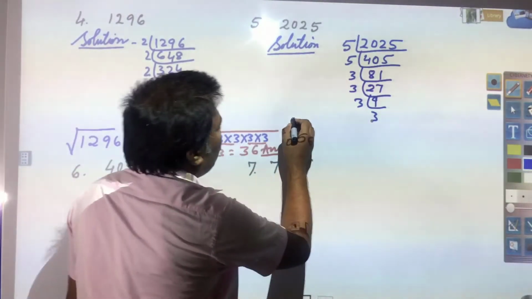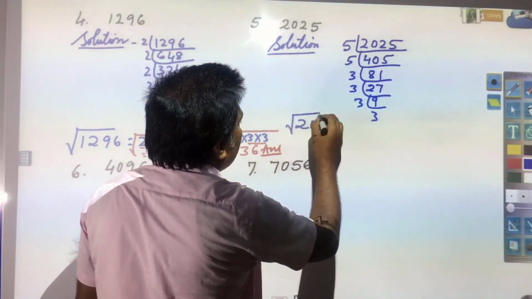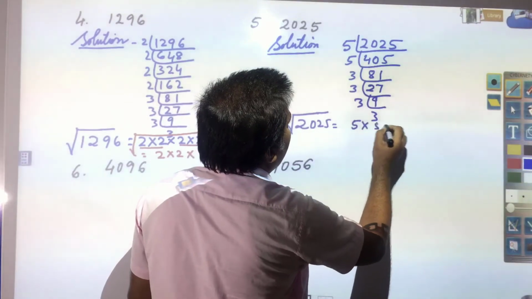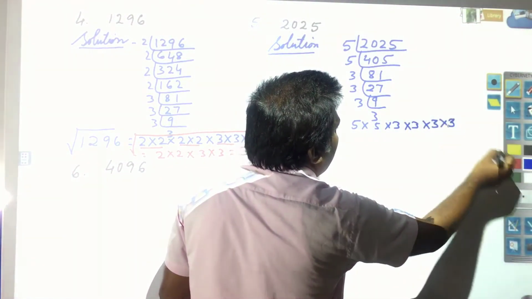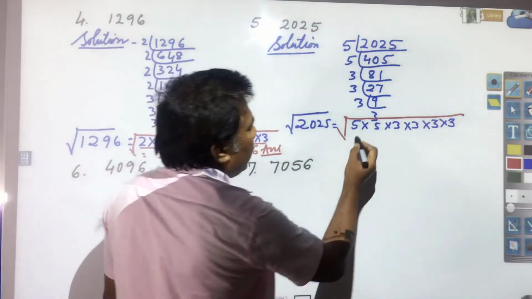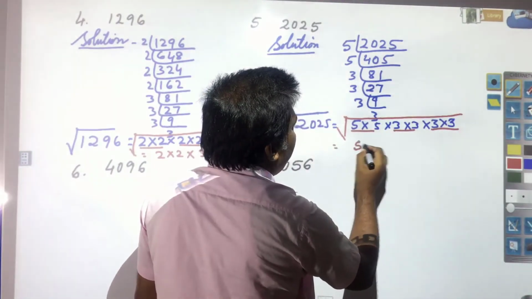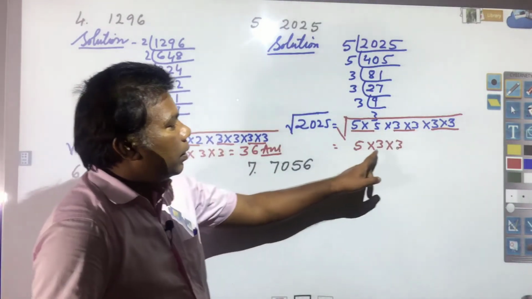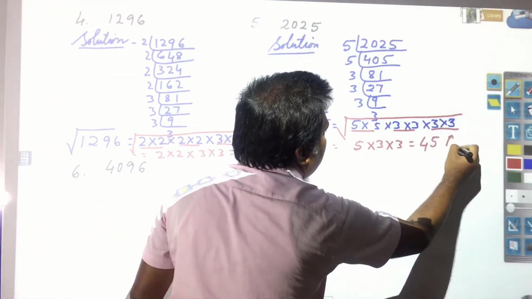So, square root of 2025 will be 5 into 5 into 3 into 3 into 3 into 3 and the square root of this, how many pairs do you have? 1 2 and 3. So, that will be equal to 5 into 3 into 3. So, 5 3s are 15 and 15 3s are 45 and this will be your answer.